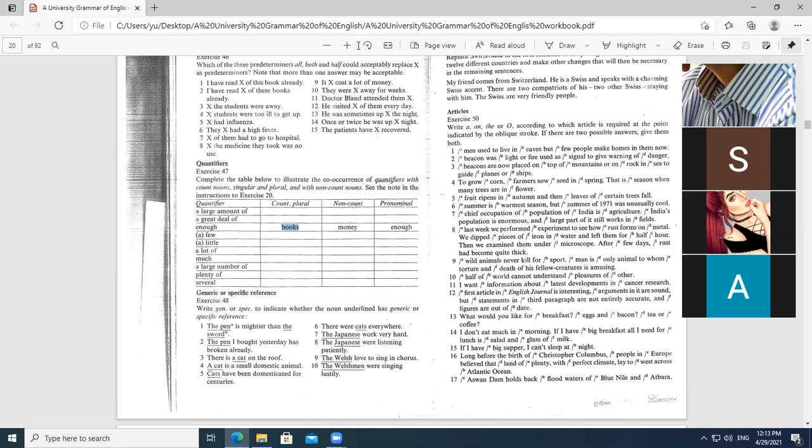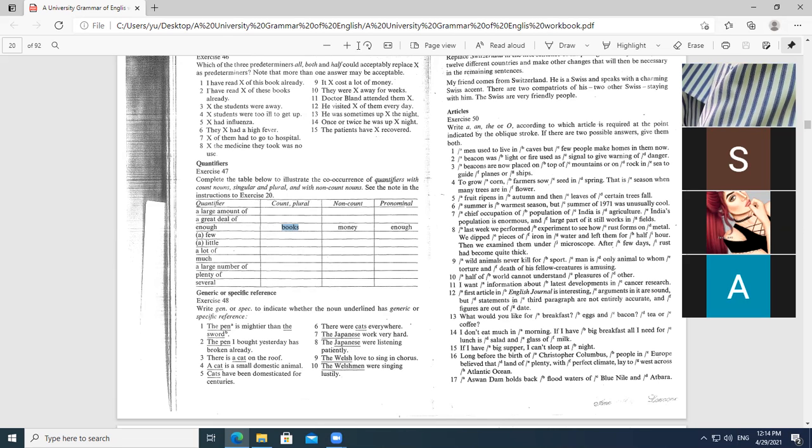Can't we say a half an hour? No, half an hour, not a half hour. We use an with the vowel sound of hour, because the H is not pronounced.